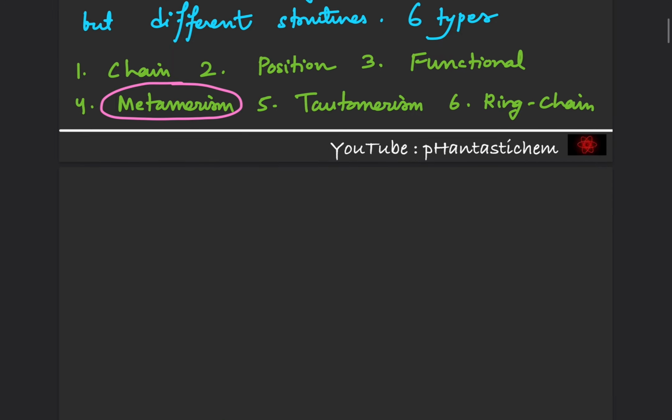Compounds having the same molecular formula but different number of carbon atoms or alkyl groups on either side of the functional group are said to show metamerism. Very important.